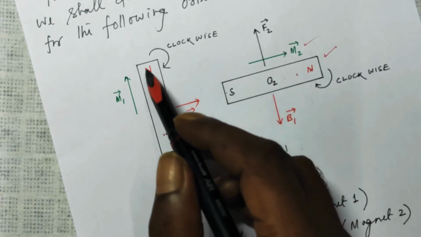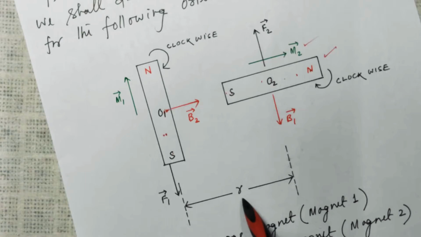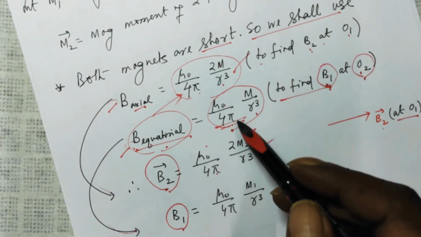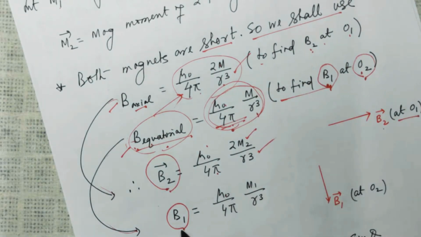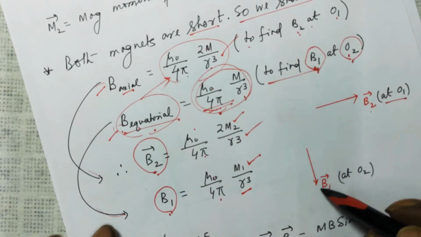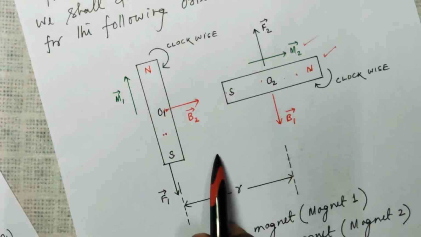Point O2 is on the equatorial line of this bar magnet at a distance R from the center. So using this expression, B1 becomes mu0 over 4 pi, the magnetic moment of the first magnet, M1, divided by R cube. That I have also shown here, and B2 I have shown here.